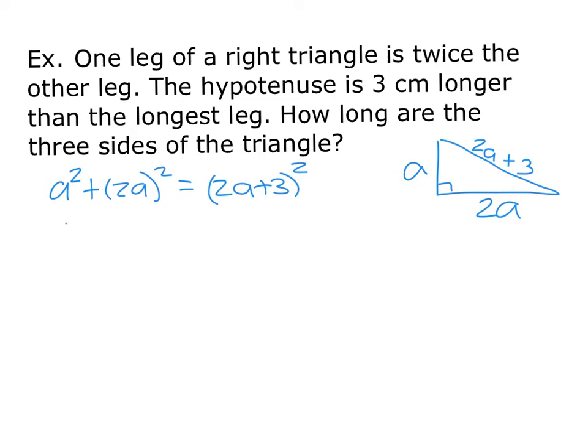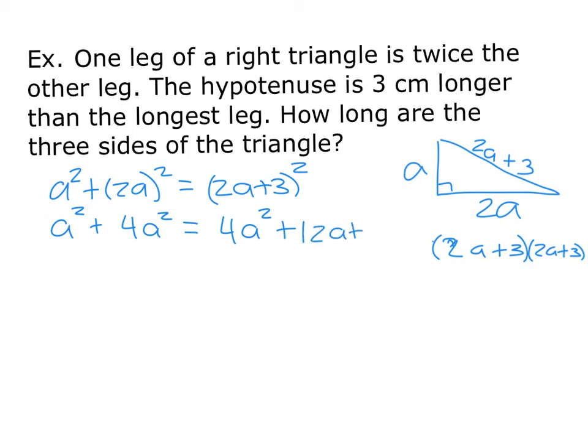So a squared plus 4a squared equals, because we're multiplying out 2a plus 3 times 2a plus 3, 4a squared plus 12a plus 9. My 4a squared terms end up canceling, so that's kind of nice.